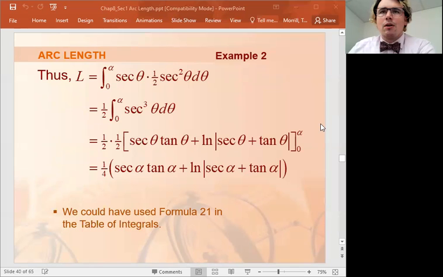So my arc length is now equal to the integral from 0 up to alpha. Again, we'll figure this out. The integrand is secant cubed of theta d theta. And we pulled out that 1/2 over here.